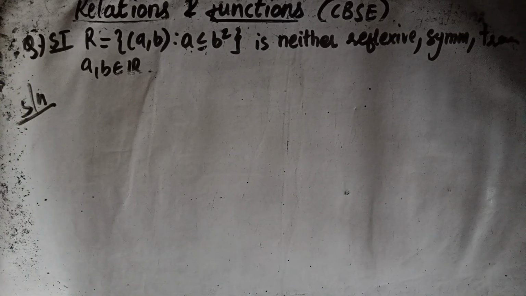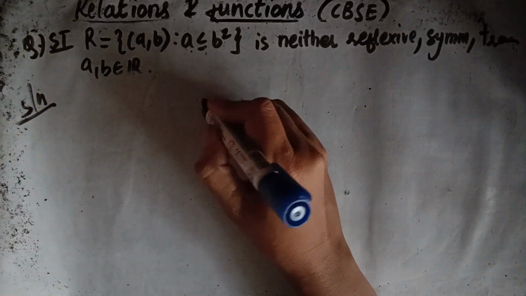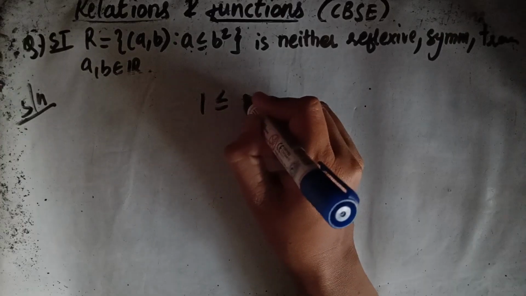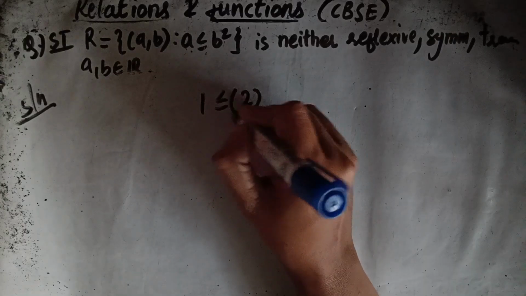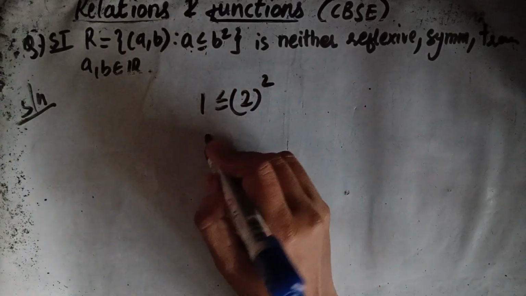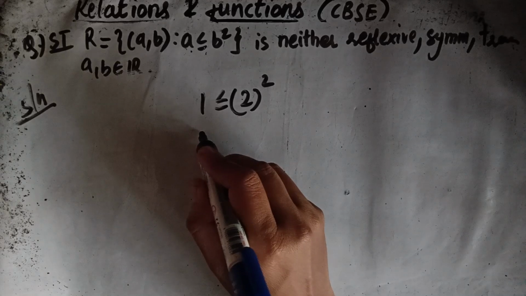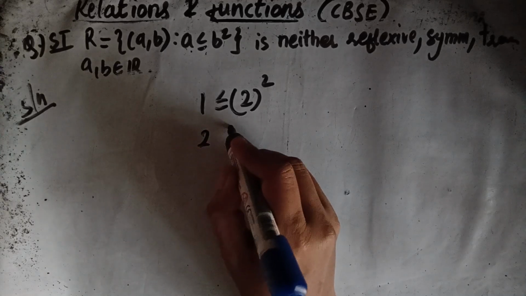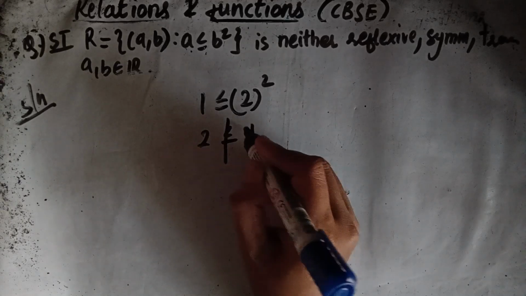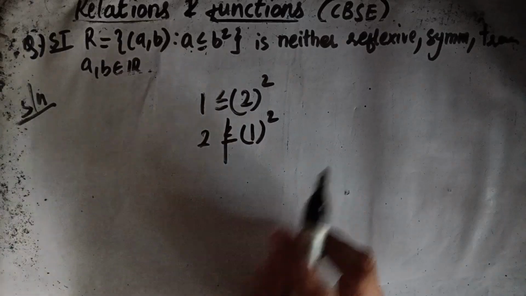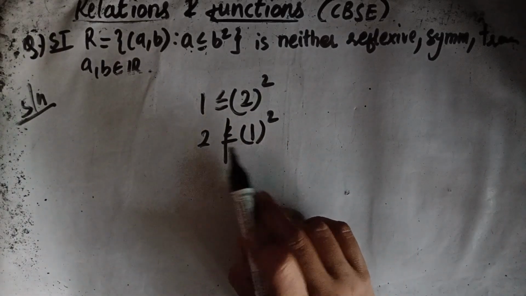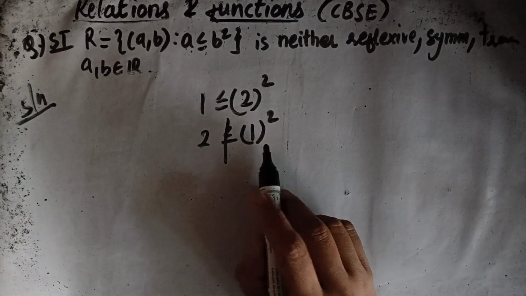Next is symmetry. For symmetry you can take natural numbers also. That is, 1 is less than or equal to 2 squared, which is 4. But 2 is not less than or equal to 1 squared. This is not possible. Correct?